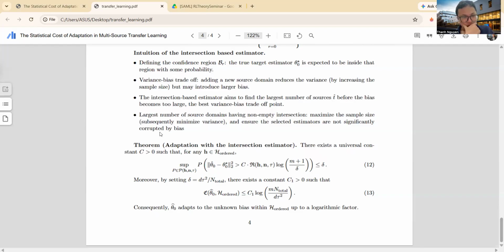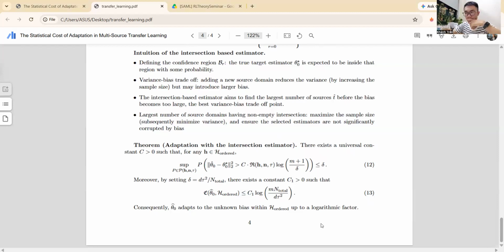So the intersection estimator is also a useful algorithmic approach to pool the data from multiple sources. We can discuss that later. But it's good that now the intersection estimator is nearly minimax optimal for pooling the data from multiple sources.